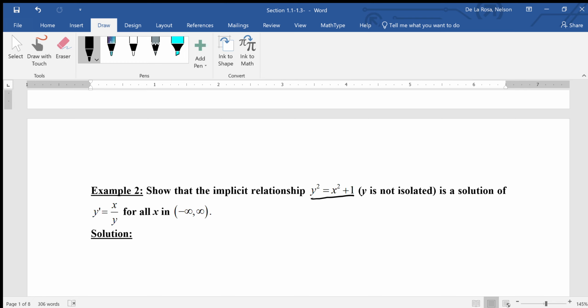So we need to show that this relationship, which is the given, solves this equation.